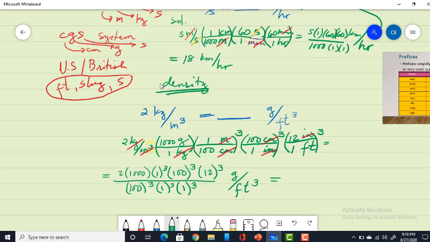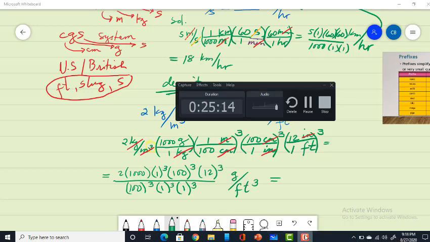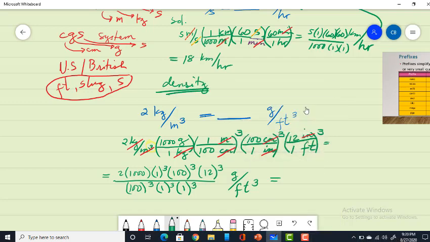So the answer is 3, 4, 5, 6, 0, 0, 0 gram per feet cube.